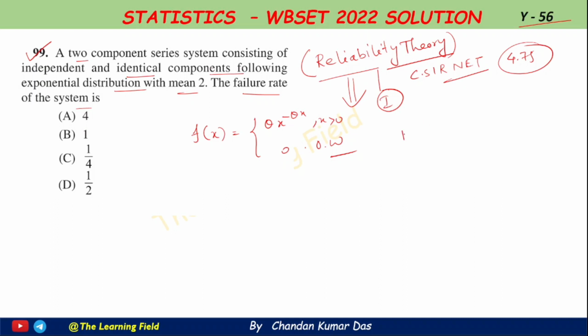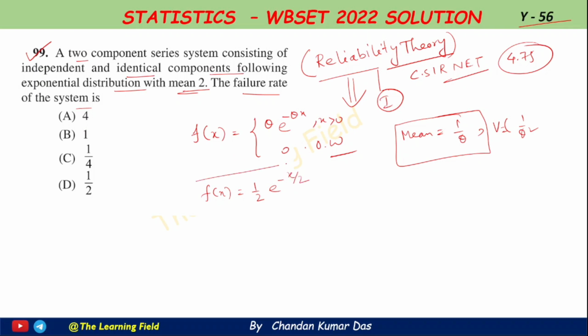The mean of the exponential distribution is 1 by theta and variance is 1 by theta square, and here we only need the mean value. Now it is given that the mean is 2, that means f(x) equals 1 by 2 exponential minus x by 2. So this is the density function of the given distribution.